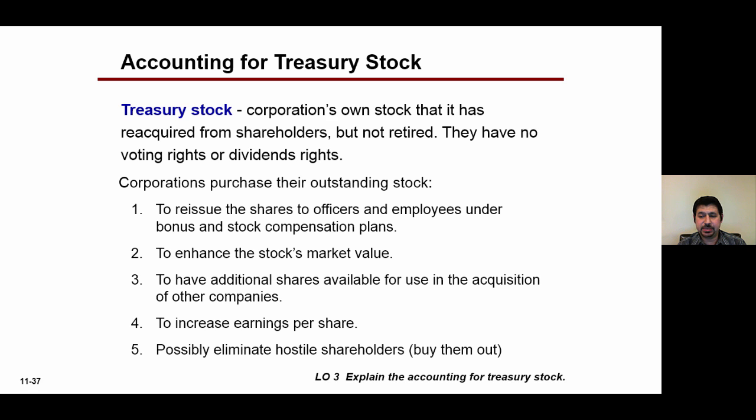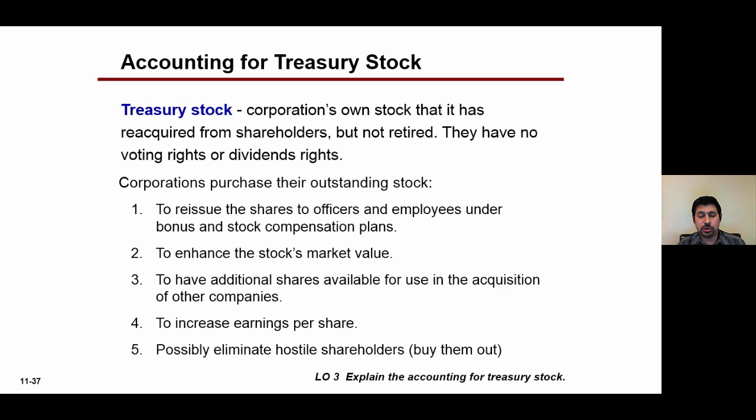Basically, those are the shares that the company has issued but bought back, and they may keep them for the future if they need some cash, or to protect themselves from a hostile takeover. So those are the company's own stock. Those are not an investment in another company's stocks.